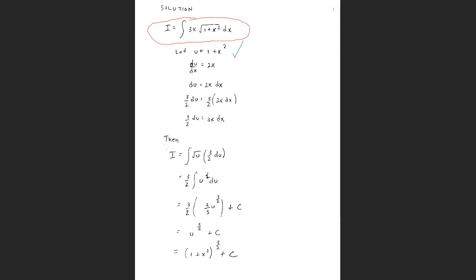Now, if u equals 1 plus x squared, then du dx equals 2x, the derivative of 1 plus x squared. But du dx is a derivative, a rate, so it's a quotient of two differentials. So I can multiply by dx on both sides.